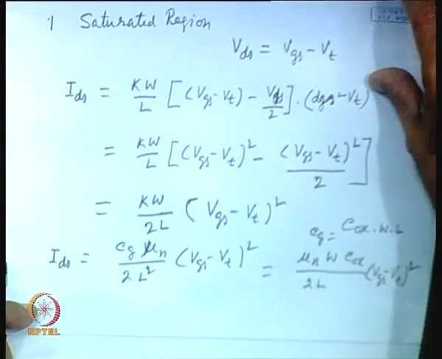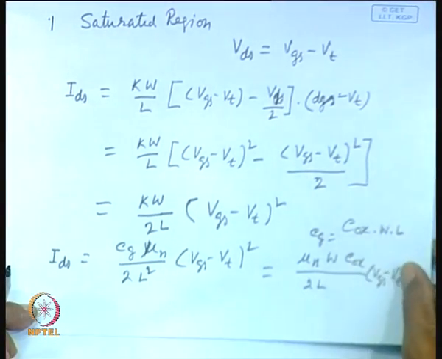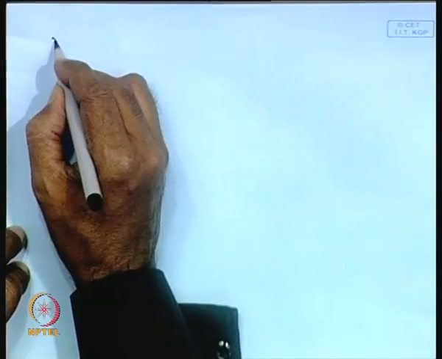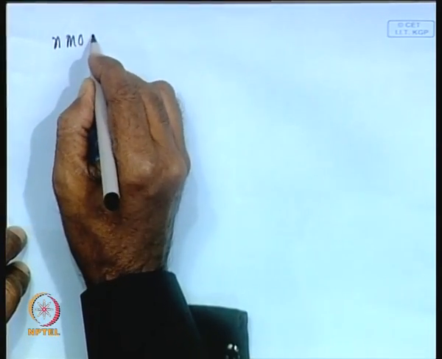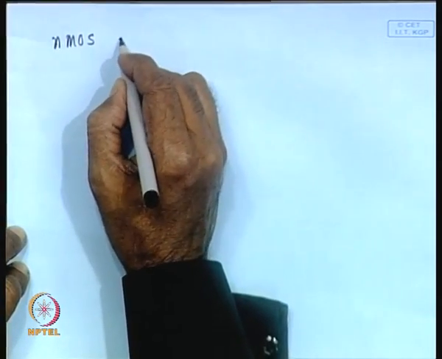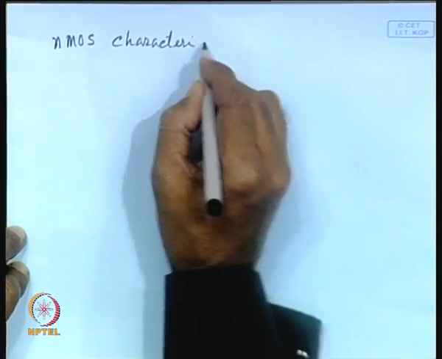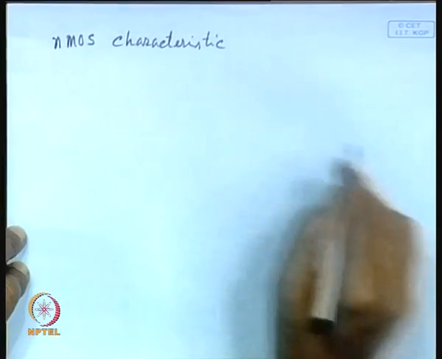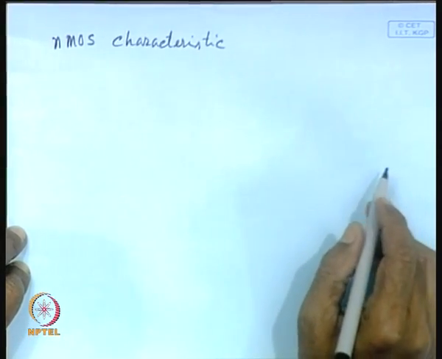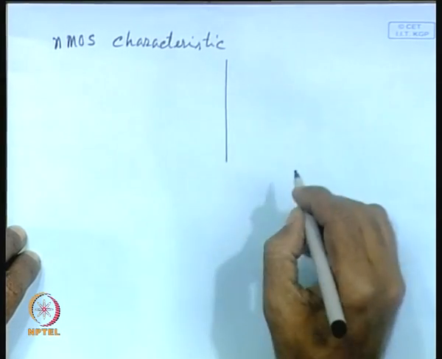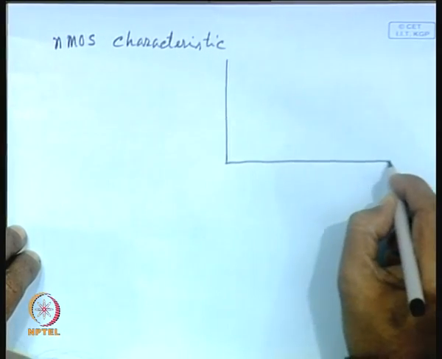Okay. So, we have seen the expression for saturation current. Now, let us represent the NMOS electrical characteristics. Let us plot the saturation and non-saturation current. We have seen that we can divide it into 3 regions.